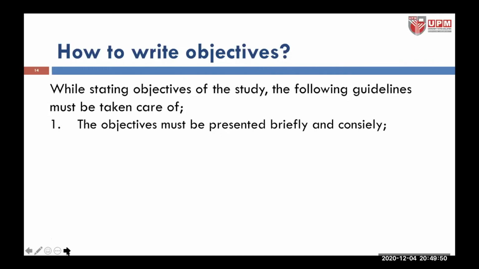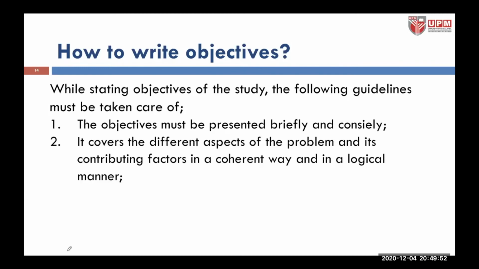And then it covers the different aspects of the problem and its contributing factors in a coherent way and in a logical manner. As I said earlier, you must do objective number 1 first, and then number 2 and number 3. It cannot be that suddenly you start with the last item of your work as the first objective, and then the second one, and then it is jumbled up.